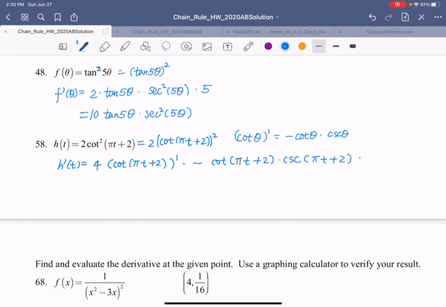And then times the derivative of this guy, which is pi. Very good. The derivative of the constant is 0, and for this one you take the coefficient as it is. That's the final answer.